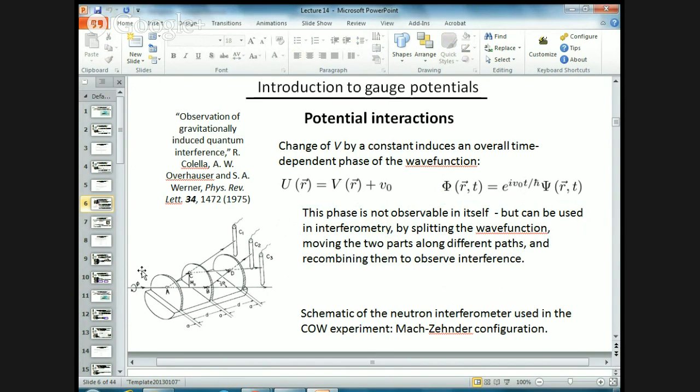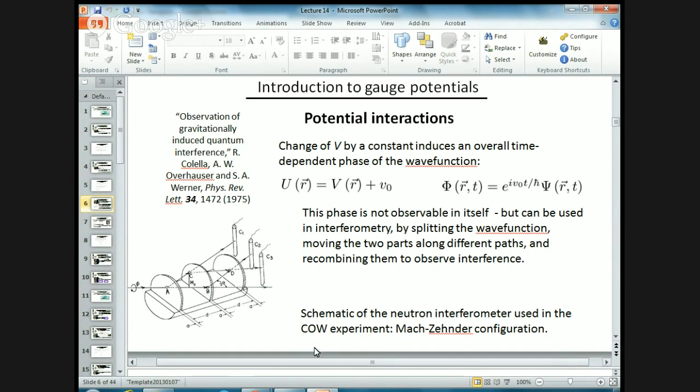Here's an example from neutron interferometry, another one of my favorite topics. In this neutron interferometer, there are two paths. A neutron is incident here, and the beam is split at mirror A. This path is reflected back to this mirror D. This path is also reflected at point D. They're recombined by a beam splitter, and then the output ports are monitored, and you get an interference signal.